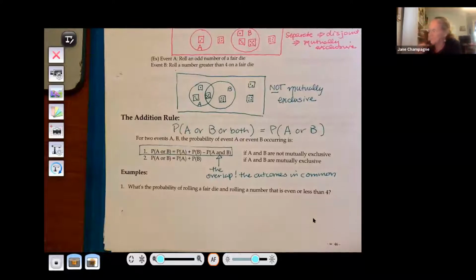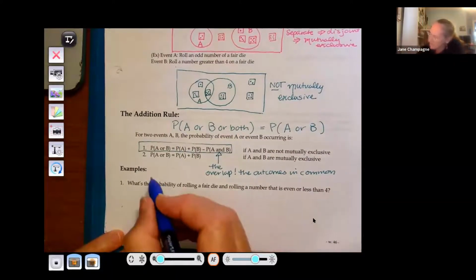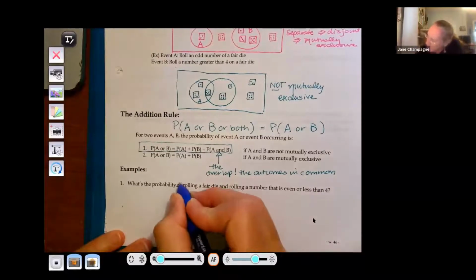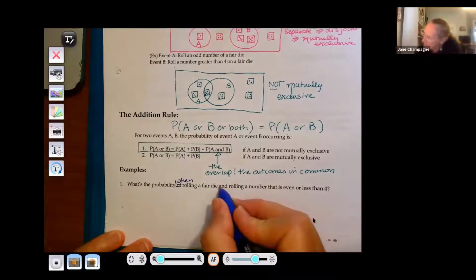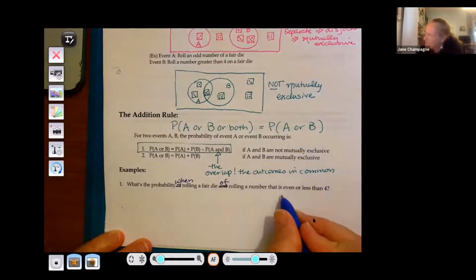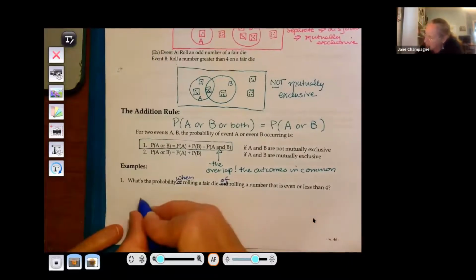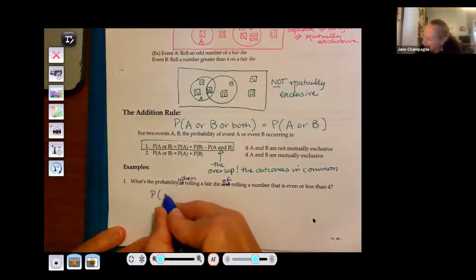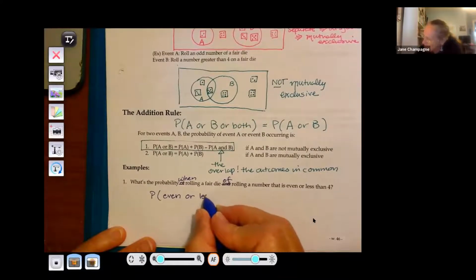All right, so for example, what's the probability, when rolling a fair die, of rolling a number that is even or less than 4? Okay, so we want the probability of even or less than 4.